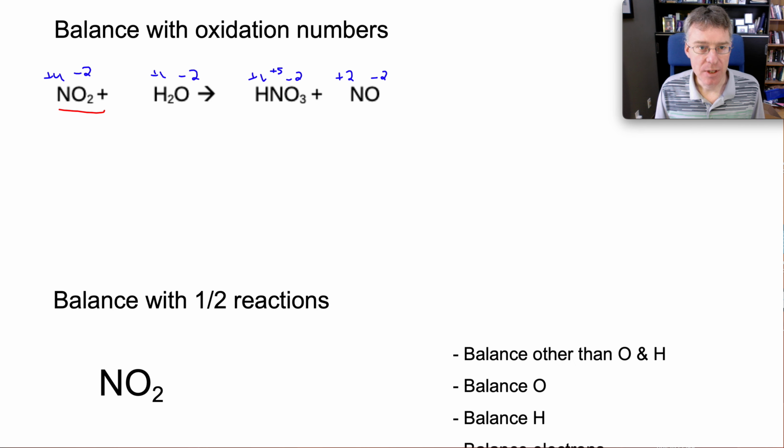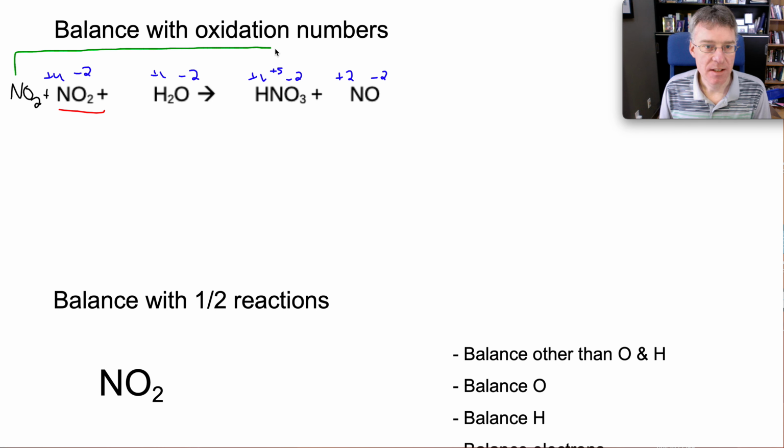Now, you don't have to do this, but I suggest when you notice you have something that's disproportionation, you write that chemical a second time. One of them, you're going to connect to one of the products that's going up, and the other one you can connect to the oxidation state that's going down. So this nitrogen that I wrote again, I'm going to connect here. So this was +4 going to +5.